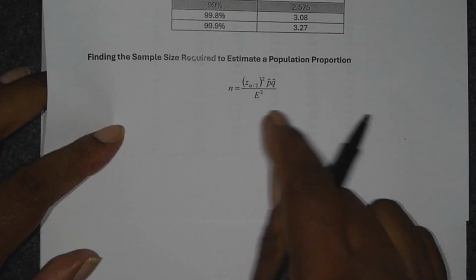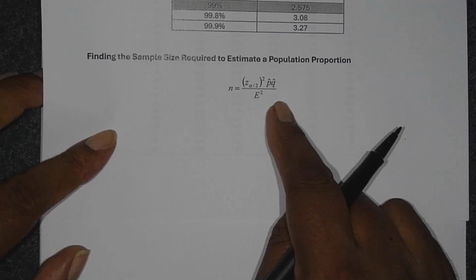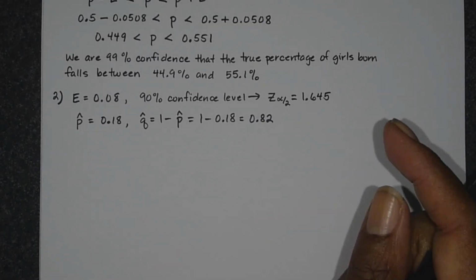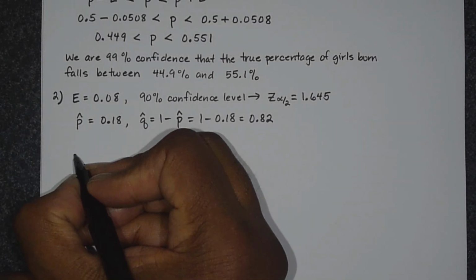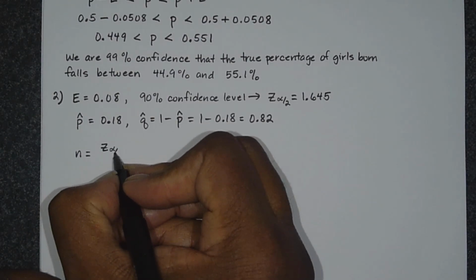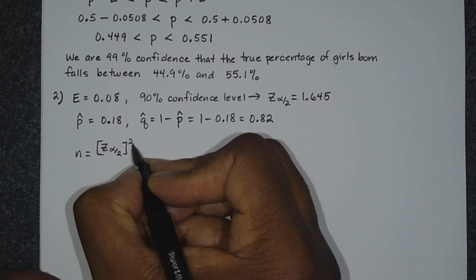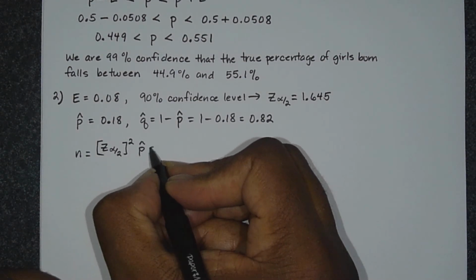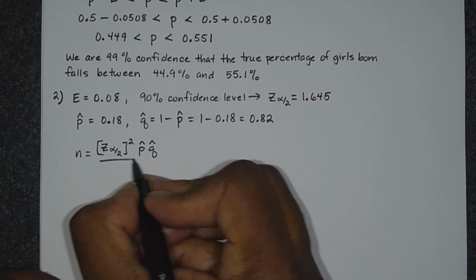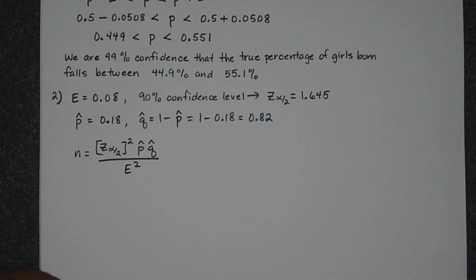All right. Now, also on your help sheet would be this formula for finding the sample size required to estimate a population proportion. So I'm going to give you that as well, and I'll write that down. It's going to be n is equal to z of alpha over 2, squared, times p hat times q hat divided by the margin of error, squared.